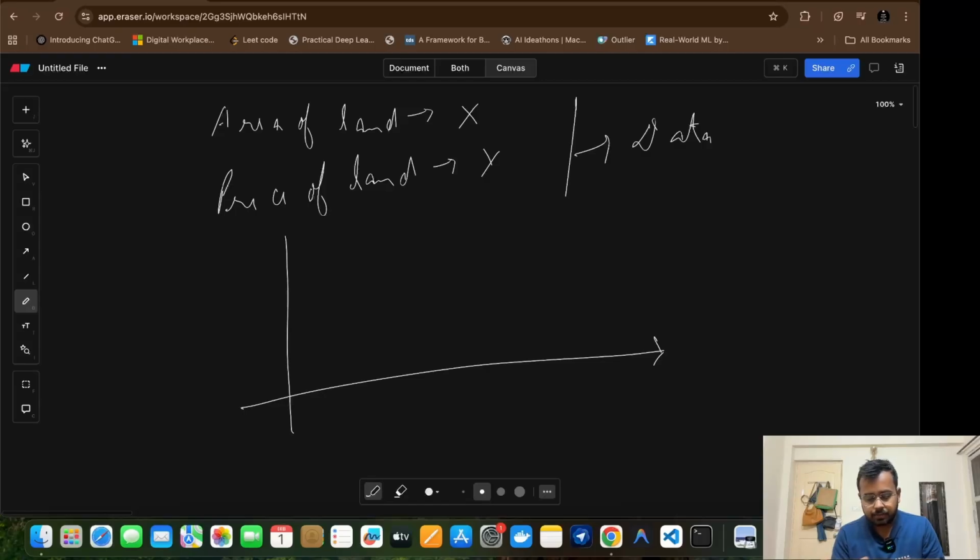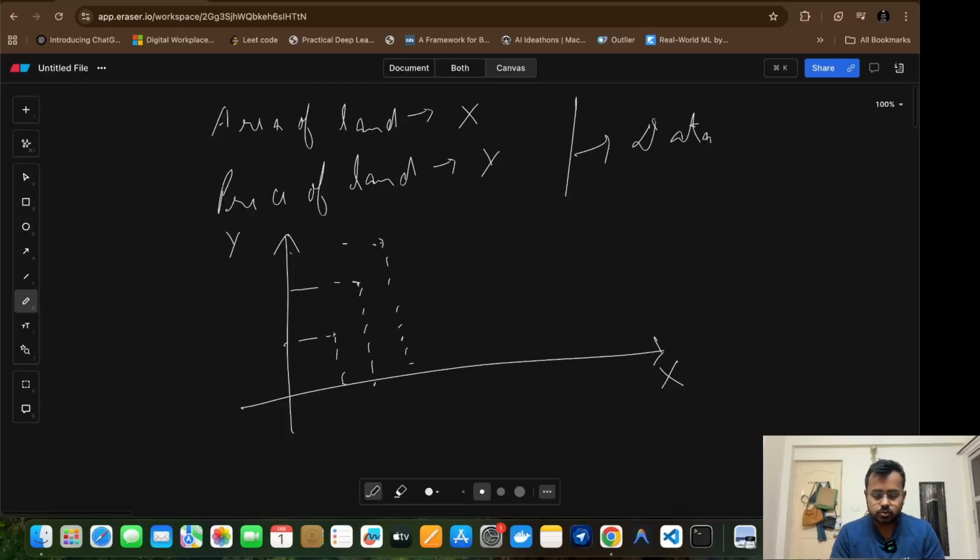What does our basic common sense tell us? Our basic common sense tells us that as the area of the land increases, the price of that land will also increase, right? Let's say area of the land was this much, the price of the land was this much. Area increases, the price also increases. If area again increases, the price again increases, right?